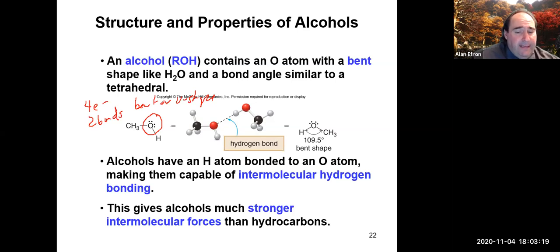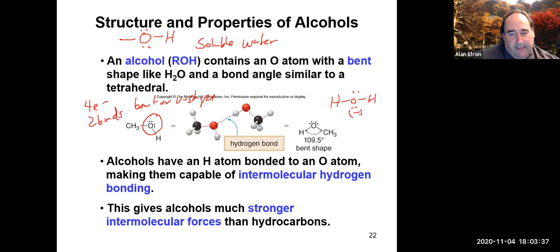And again, because it has that OH group, it makes it usually very soluble in water, especially small ones. They're soluble in water because when water comes around, it pretty much has the identical bond happening there. And between our alcohol and water, they're able to hydrogen bond.